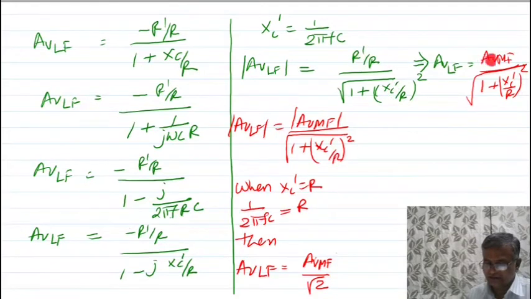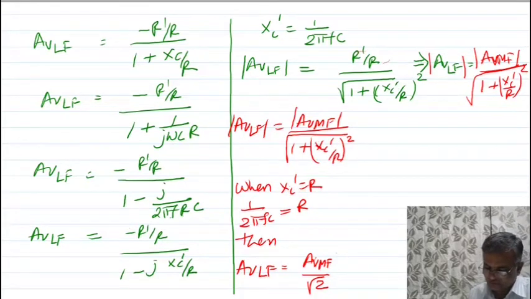And this is the gain at mid frequency. Then I have taken modulus. This is actually I have to write in a modulus, and I have written modulus in this way.